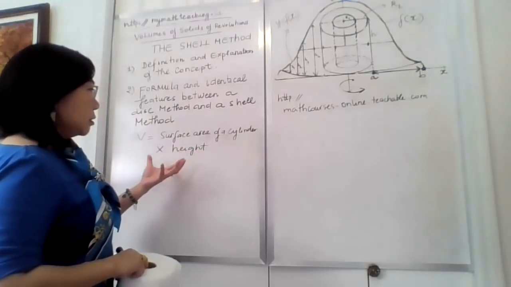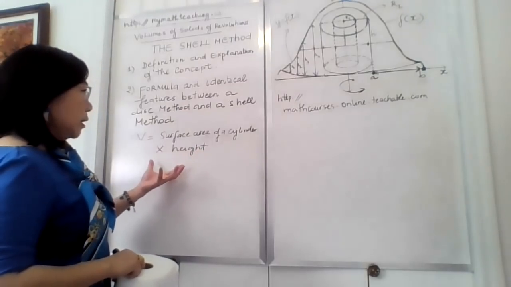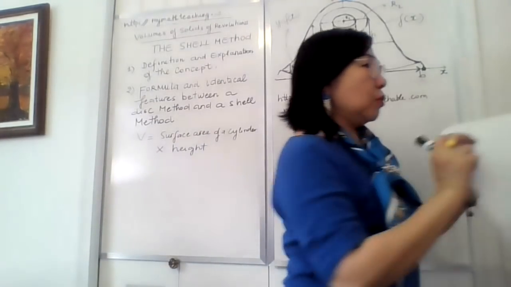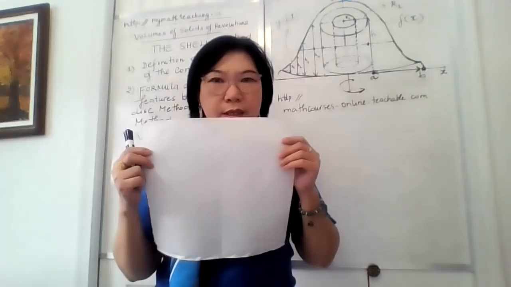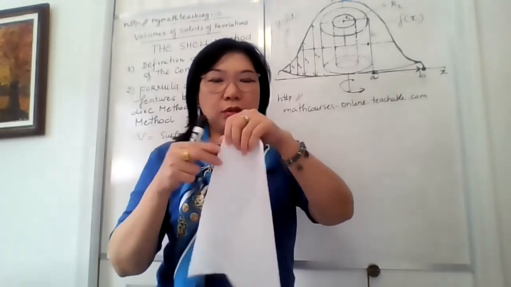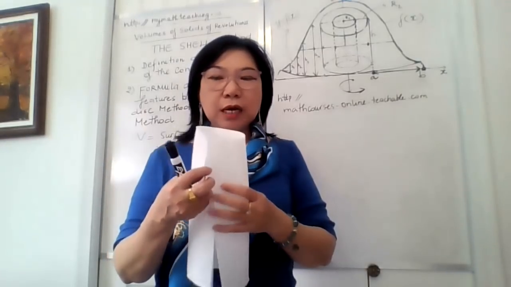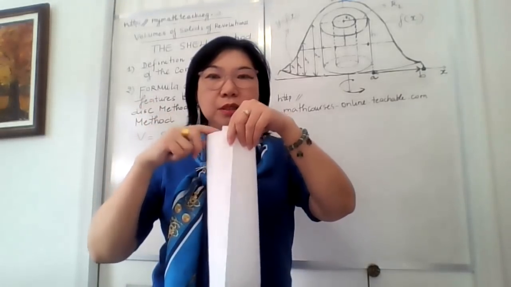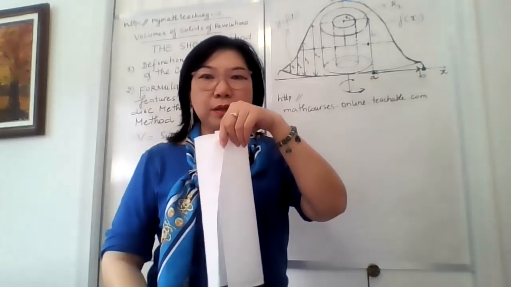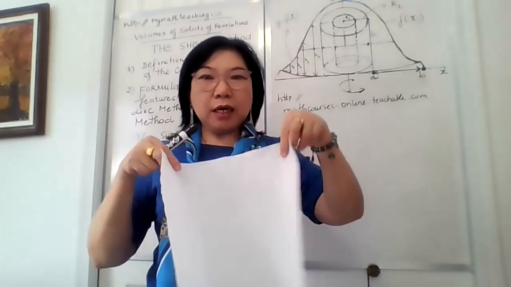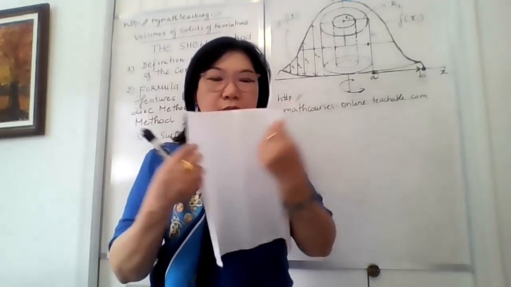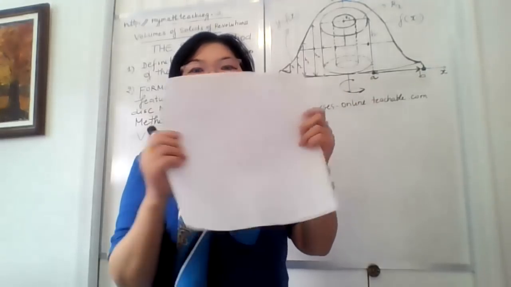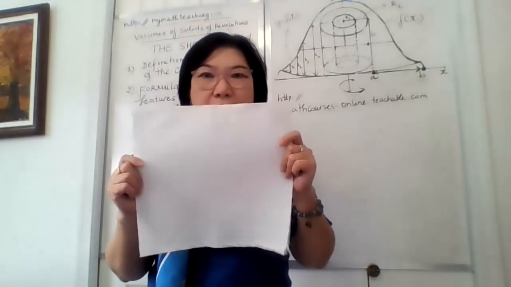Now let's talk about the surface area of the cylinder and its height. So let's review the surface area of the cylinder. This is the cylinder. Now I'm not talking about volume, right? I'm talking about surface area first. If I cut it open, then I get the surface area of the whole cylinder, the whole surface around. If I open it up, it becomes a rectangle.